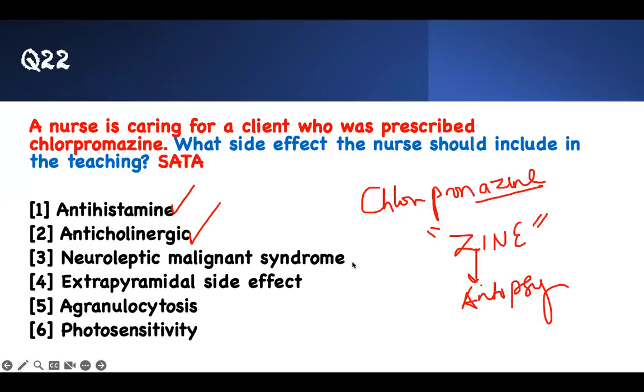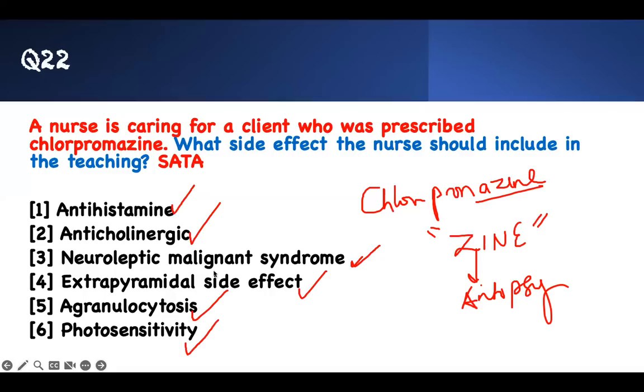Neuroleptic malignant syndrome: your temperature goes up and you have muscle rigidity. We saw a question like that. They have extrapyramidal side effects, so they look like a Parkinson patient, and they have Parkinsonism. They also cause agranulocytosis. It's not clozapine alone. And then the next one, they have photosensitivity.